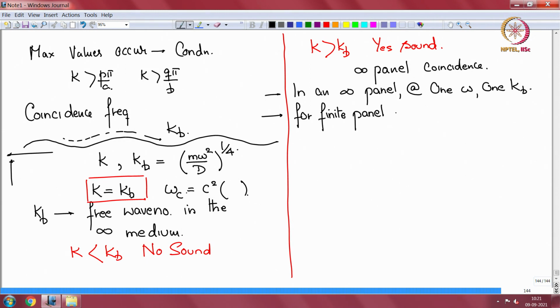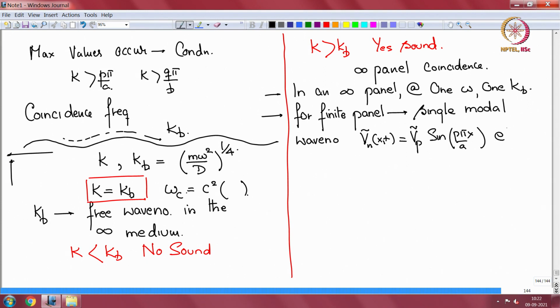The single modal wave number. So what did we do? For a 1D case, we said Vn of x comma t is equal to V tilde p sine p pi x by a and e to the power j omega t. So p pi by a is the modal wave number.